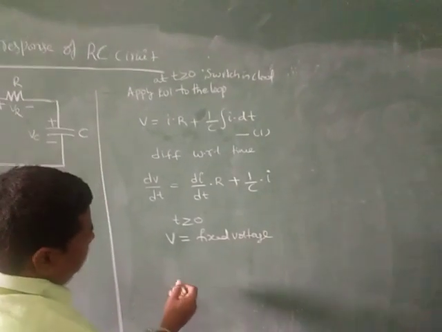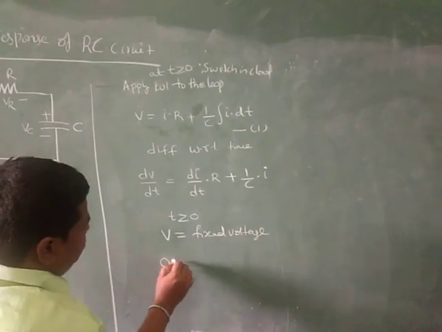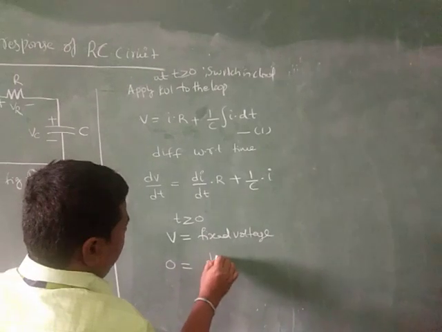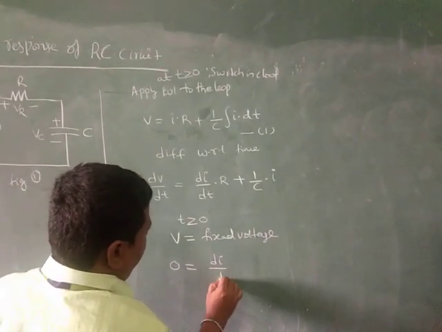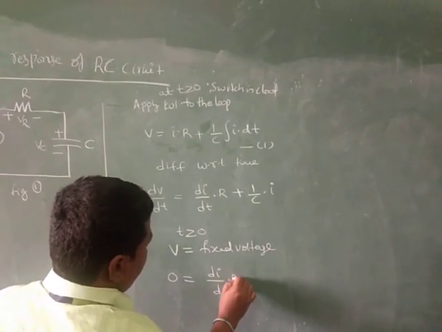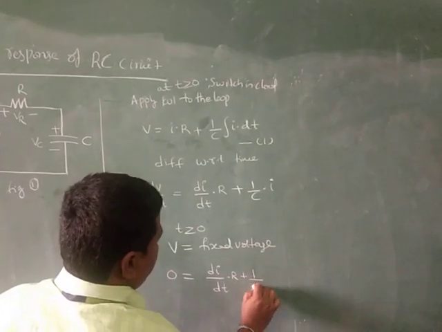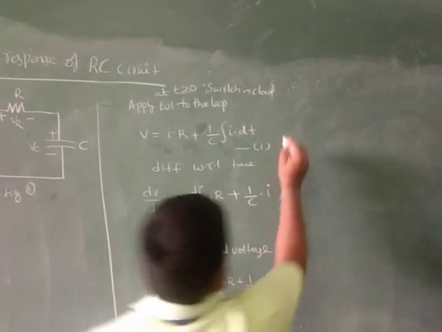Then the remaining expression is 0 is equal to di by dt into R plus 1 by C into I.